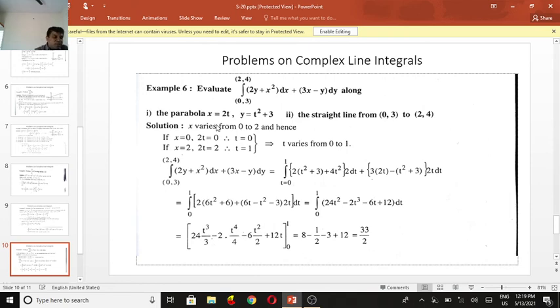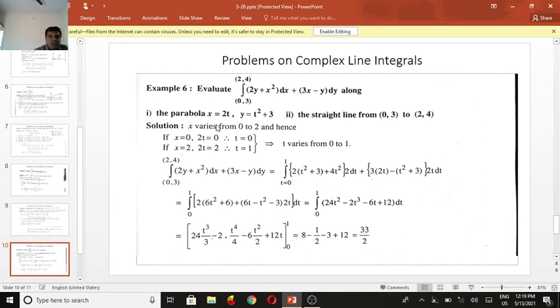So again the given problem: the integral from (0,3) to (2,4) of (y plus x²) dx plus (3x minus y) dy.